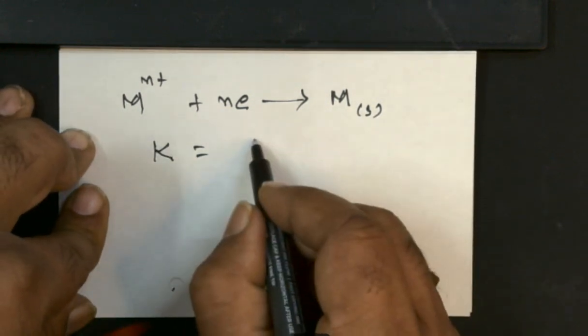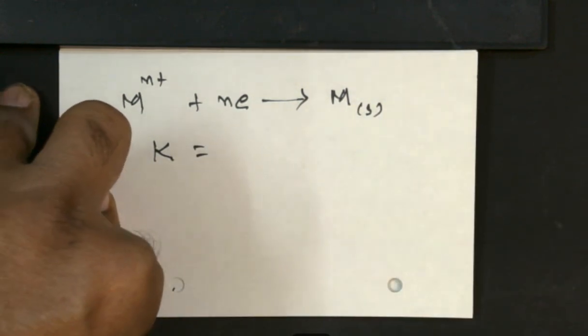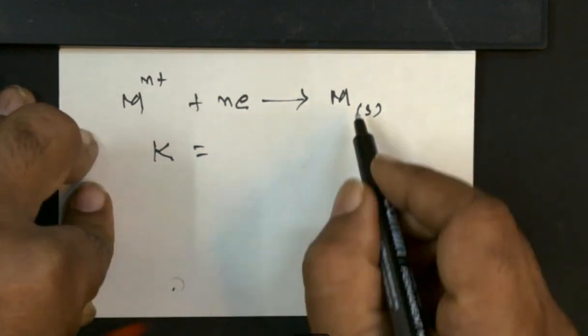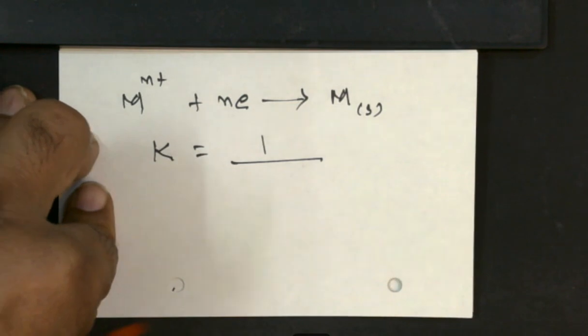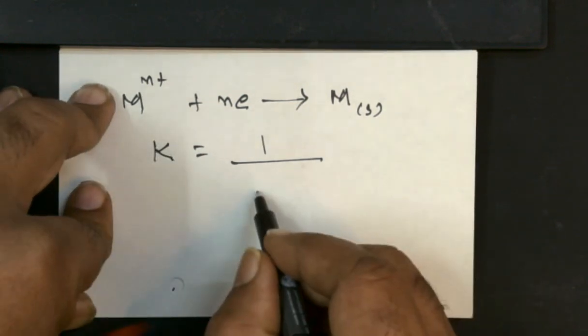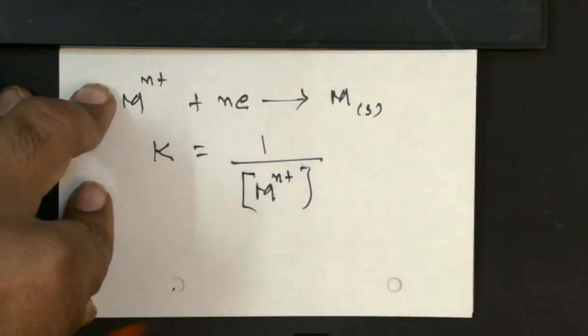Actually, the concentration of a solid is 1; we have to say active mass. The active mass of the solid is taken as unity, and electrons have no mass, so you can neglect them. The remaining is the concentration, or active mass, of M^n+.